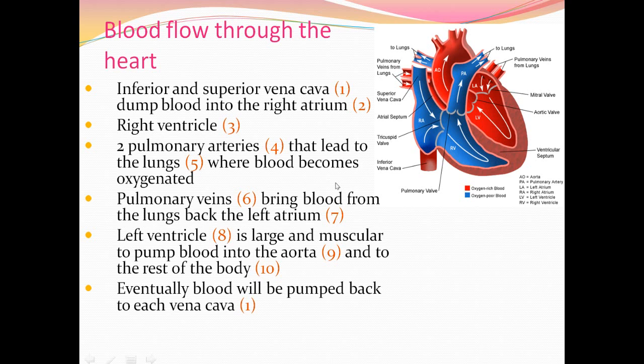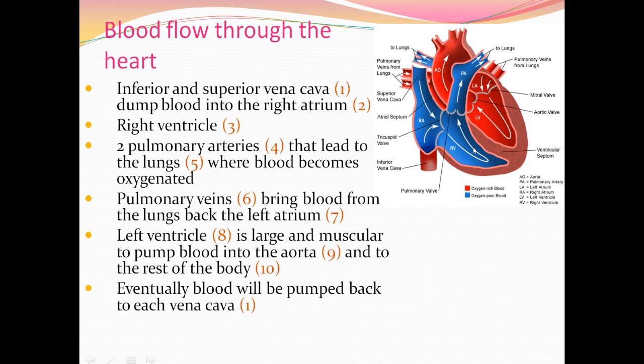It's a cycle, so you could really start anywhere, but we're going to start with the superior and inferior vena cava. The blood always goes from the right side of the heart to the lungs, and then back to the left side. So you can remember: right, lungs, left.